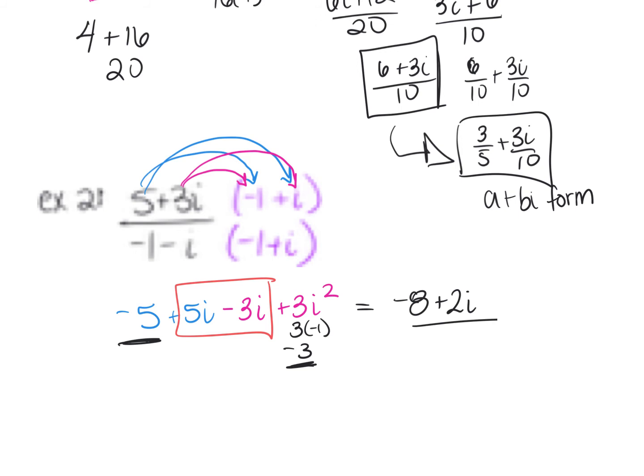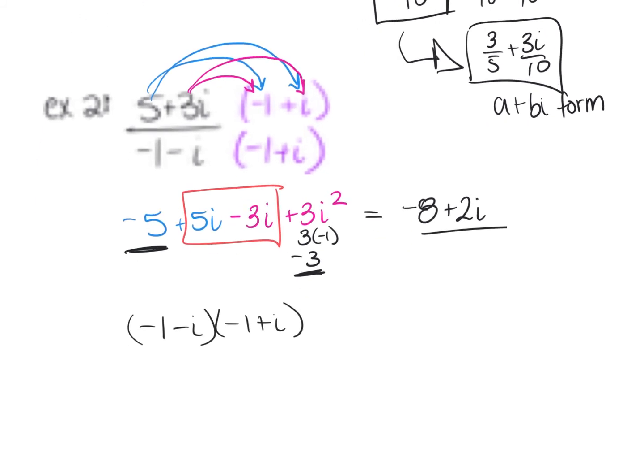Okay, and so we'll multiply out the bottom. I'm going to rewrite it. Negative 1 minus i times negative 1 plus i. Okay, so this is just my denominator. Multiply my firsts. Negative 1 times negative 1 is positive 1. Negative 1 times i, negative i. Negative i times negative 1, positive i.